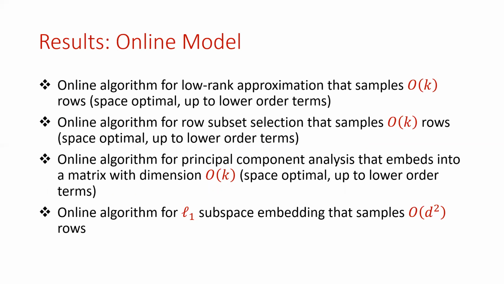Our results are that we obtain online algorithms for low-rank approximation, row subset selection, PCA, and L1 subspace embedding. The key property for all of our algorithms is that we are able to get a handle on the sum of the online ridge leverage scores, or the online L1 sensitivities.